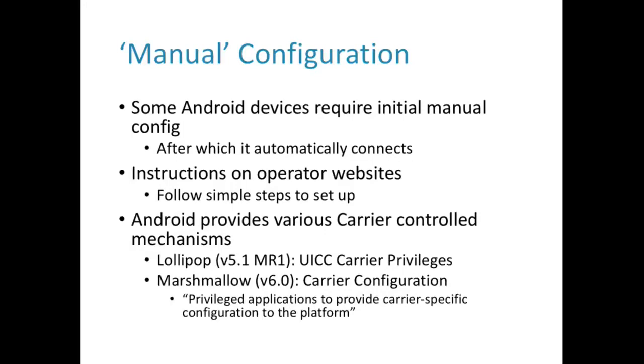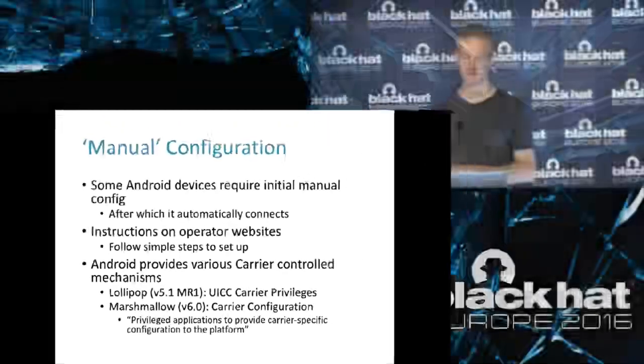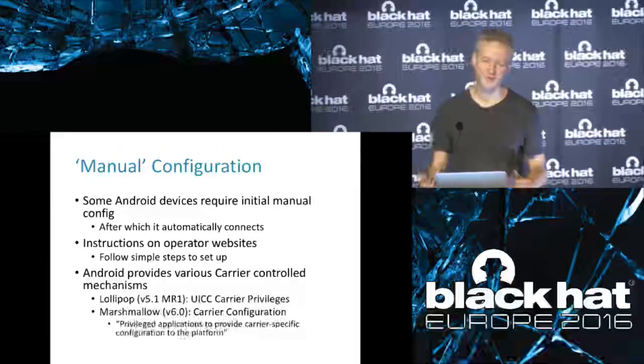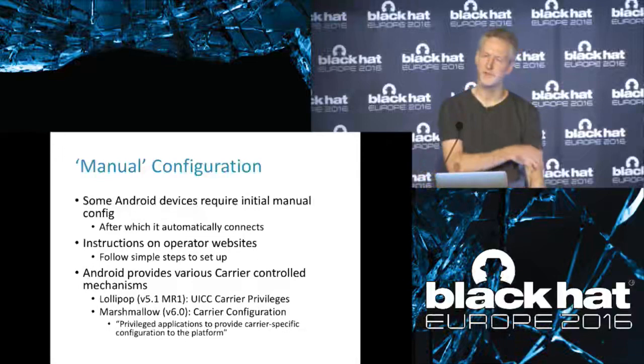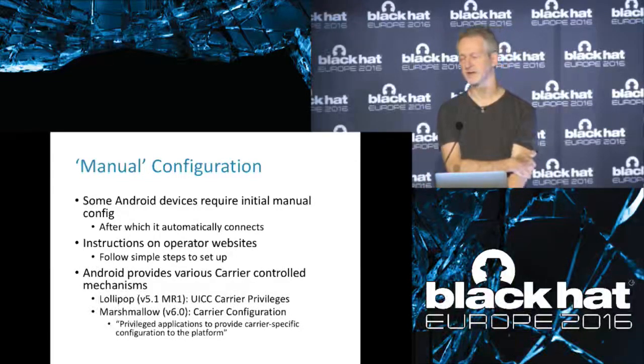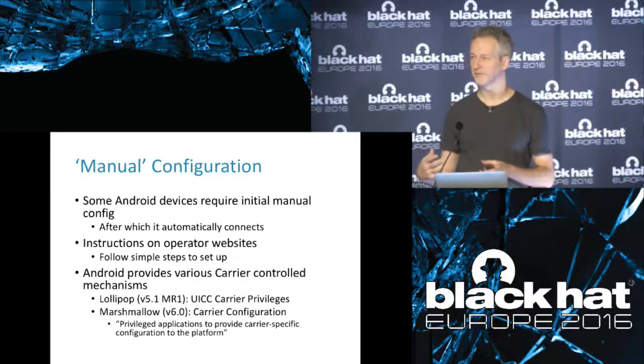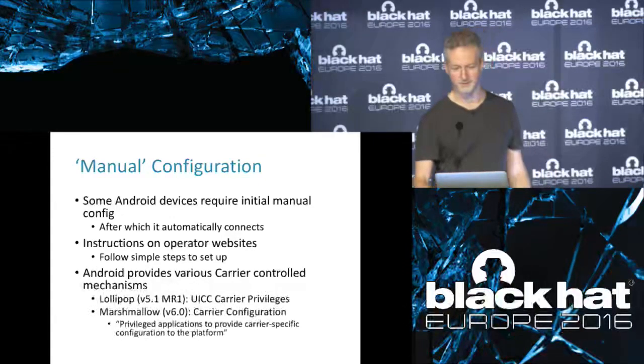You just tap on the network and select SIM in the drop down as the authentication technique. Once you've done that once, it connects to that network repeatedly. Android also provides some additional carrier control mechanisms. In newer versions of Android, there are various APIs coming out that allow configuring of the phone based upon carrier profiles.